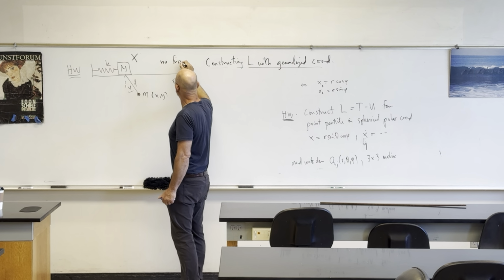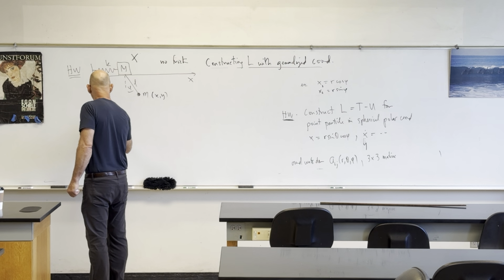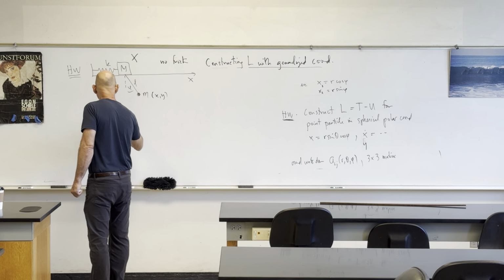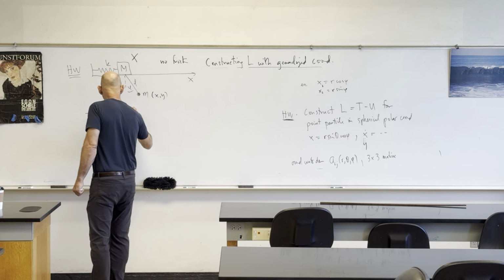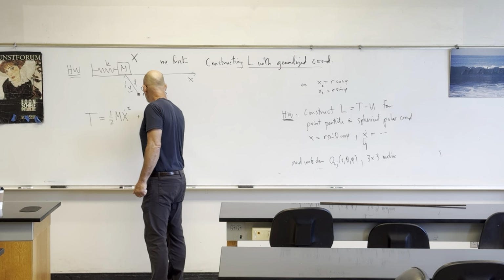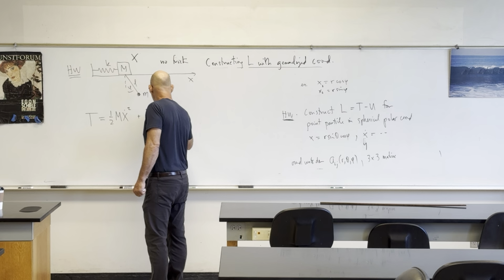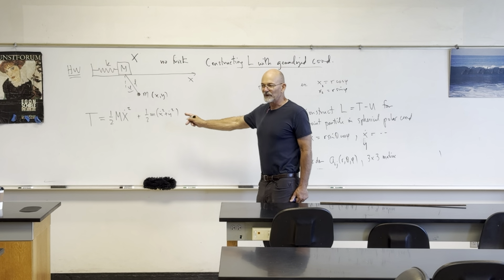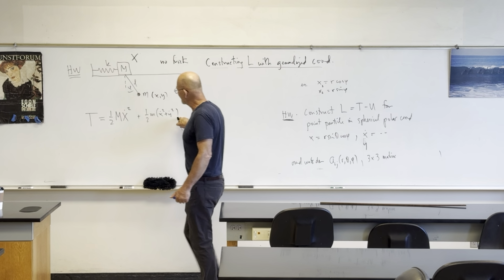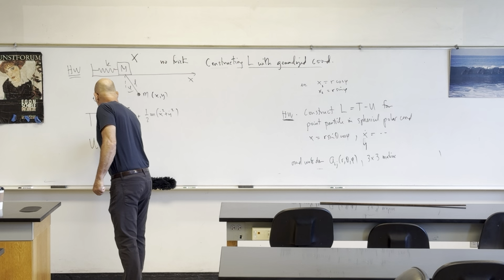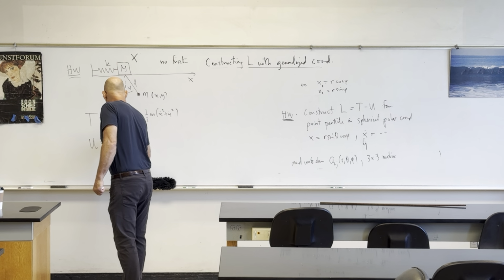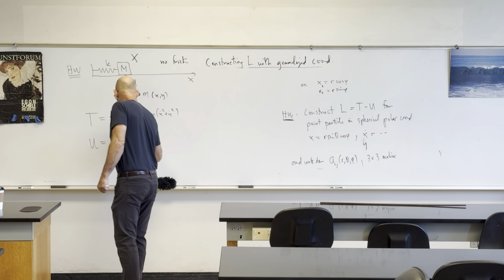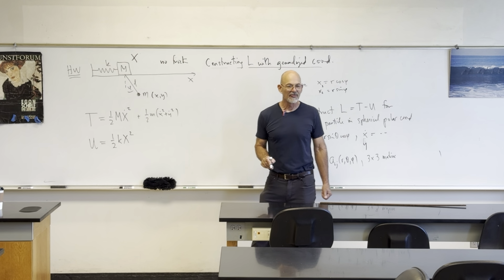So here's the way we're going to do this. We're going to say T is equal to 1/2 capital M capital X dot squared plus 1/2 lowercase m lowercase... We're not done with it yet. And the potential energy, we can say is a half K capital X squared, just the mass on a spring, right?